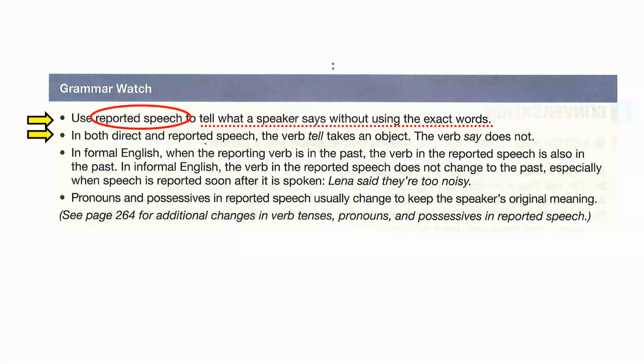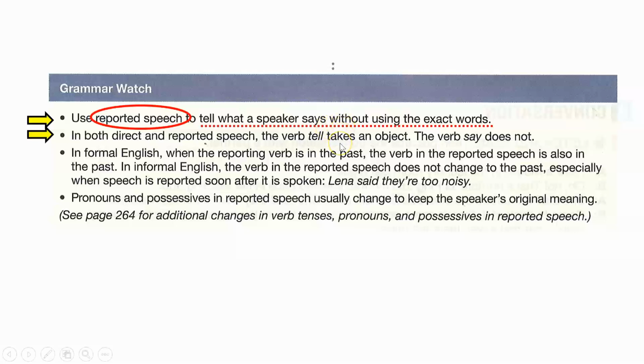And this is just a little review, but in both direct and reported speech, the verb tell takes an object and the verb say does not. Basically, when it says tell takes an object, it means like a thing or a person. After the word tell, we have to say tell him, tell her, tell me, etc. So tell cannot be by itself, it has to have something after it.